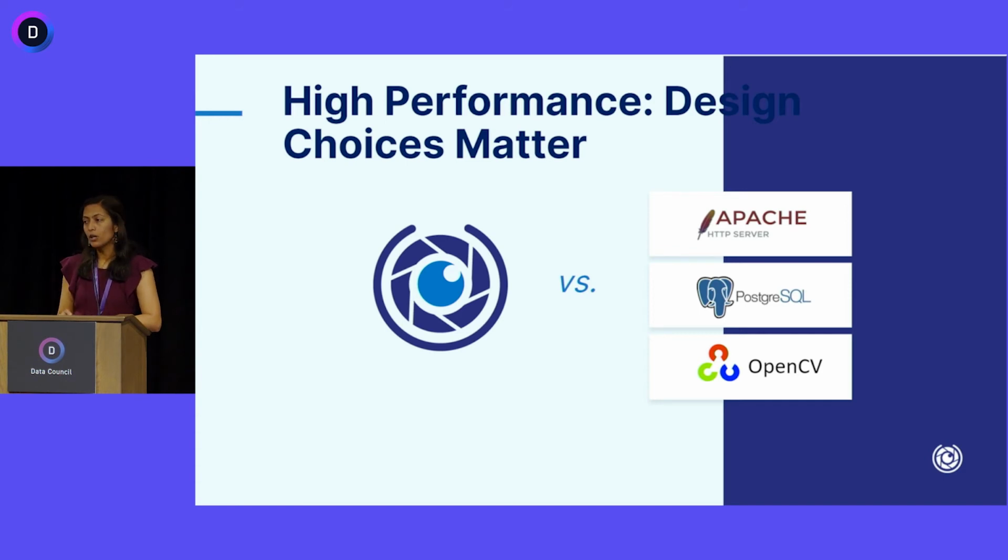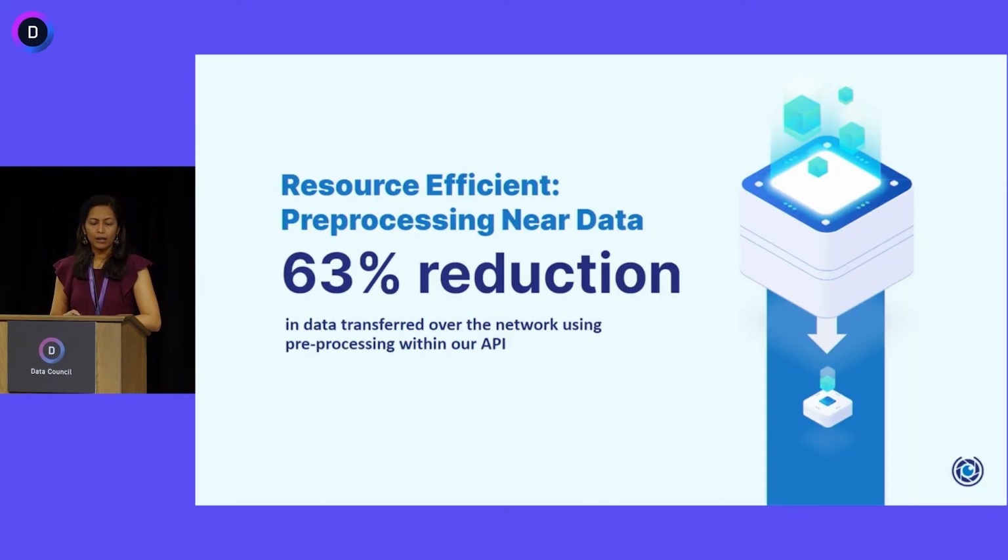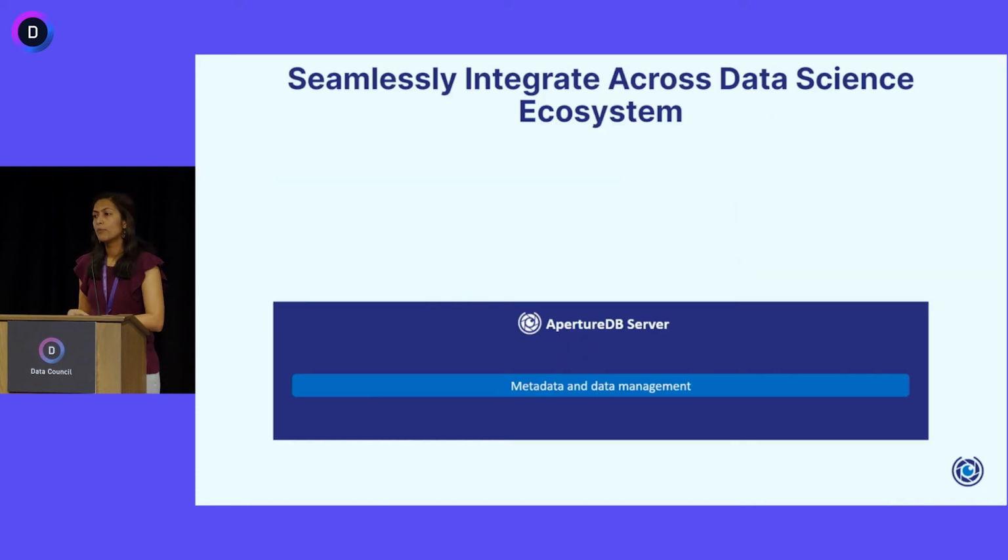And in order to compare performance with the DIY system that we had heard people talk about, we created our own where metadata was serviced by Postgres, the files were served by Apache file server, and then we pre-processed the images using the popular OpenCV library. We evaluated the performance using queries on the YFCC 100 million image and video data set, and ApertureDB was 35 times faster compared to the DIY, depending on query complexity, and 15 times faster on average.